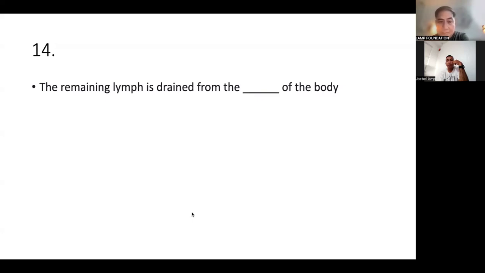Hello? Naririnig ba? What happened? The right upper quadrant. Yeah, right upper quadrant, RUQ. Nawala siya. Nawala ulit.